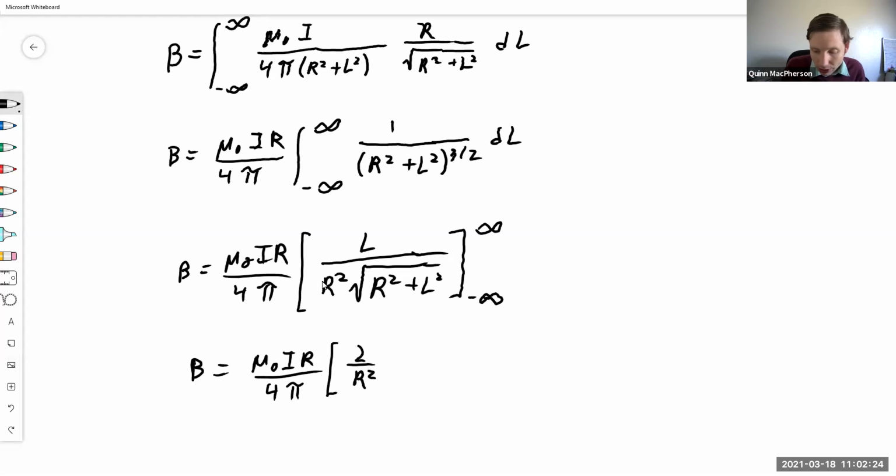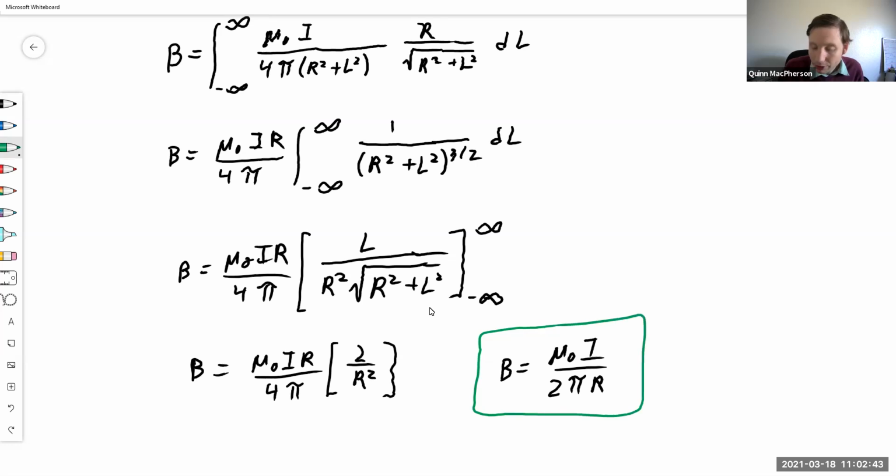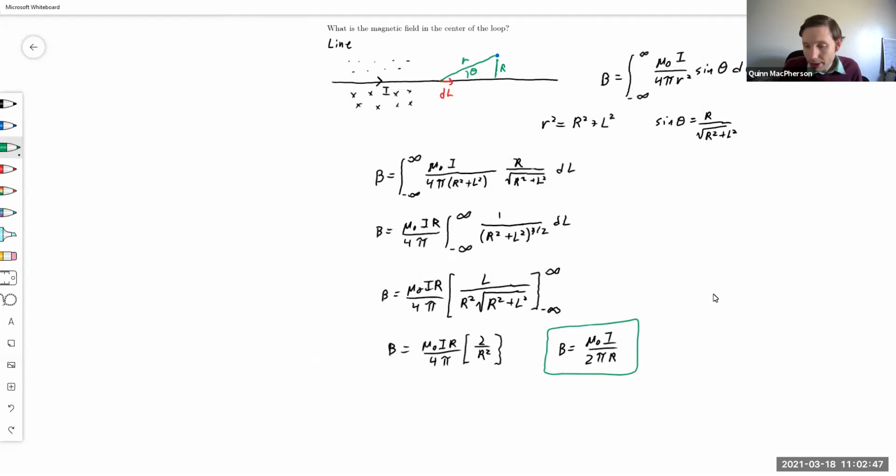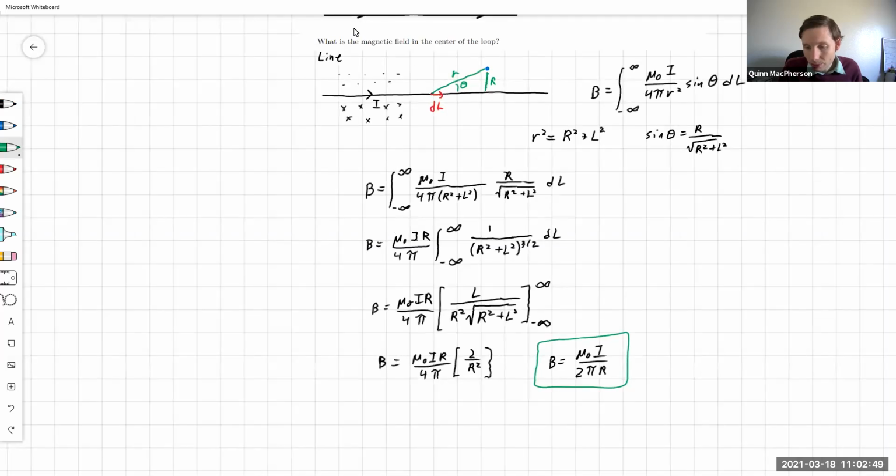In other words, B is equal to mu naught I over 2 pi R. So that is the magnetic field due to the line. I still have to do the magnetic field due to the circle.